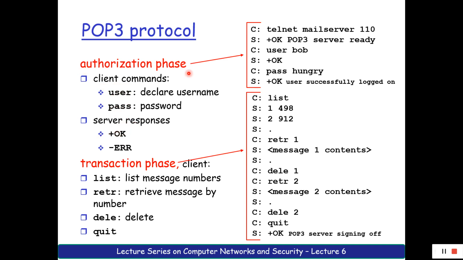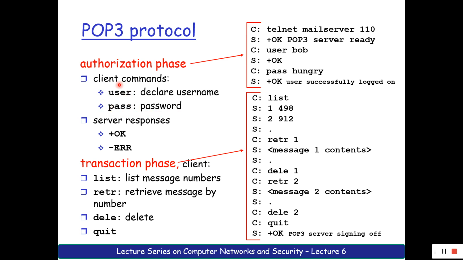In the authorization phase, the client will be using only two kinds of commands. The first command is the USER command, which declares the name of the user, and the second command the client can make use of is the PASS command, that is password.